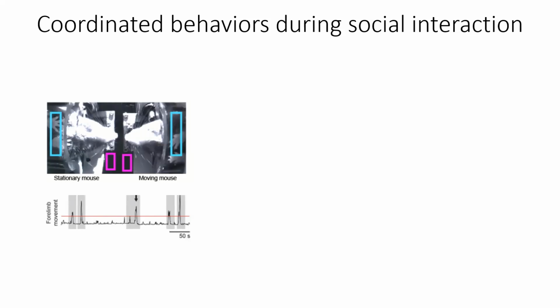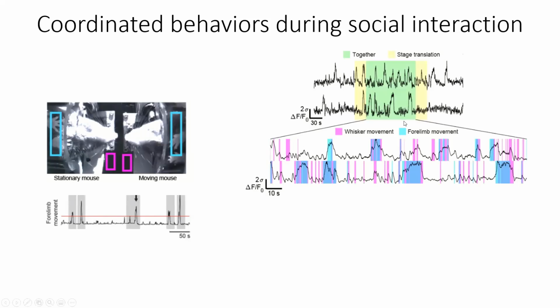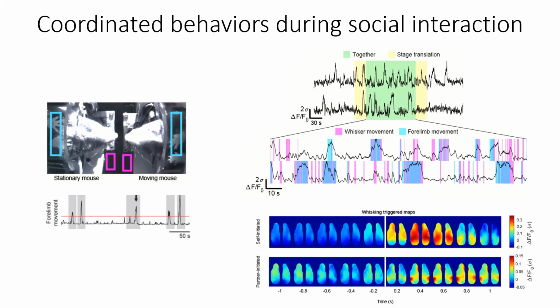And then if we superimpose those behavior data back onto the brain data that we were just looking at, we see that a lot of these large transients actually occur coincidentally with these movements. And seeing that we saw that large correlation in the barrel cortex, looking at the whisker signal, we see that whisking initiates a large activation in the mouse brain, but it also initiates activation in the partner's brain.